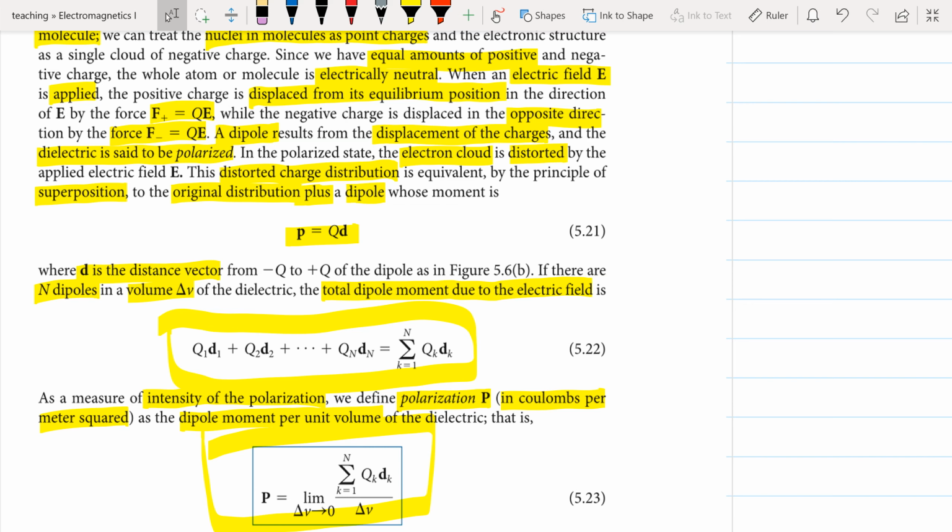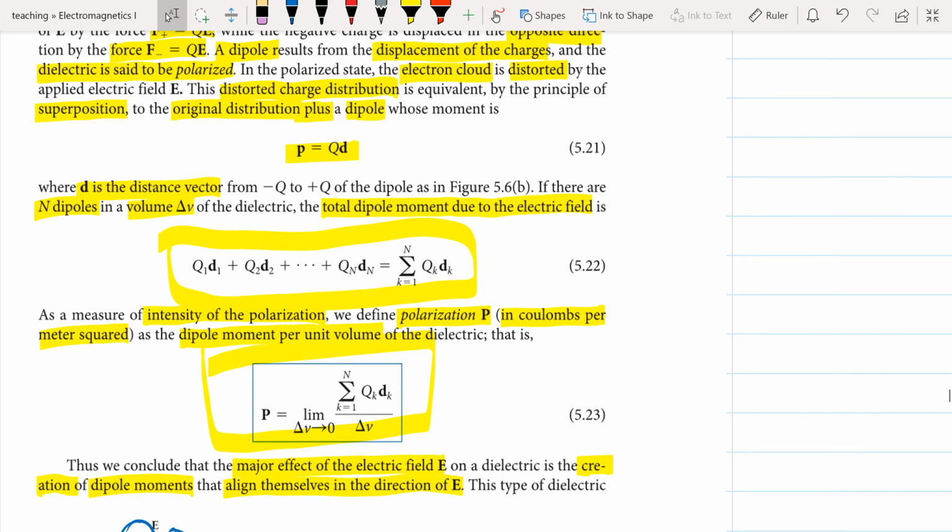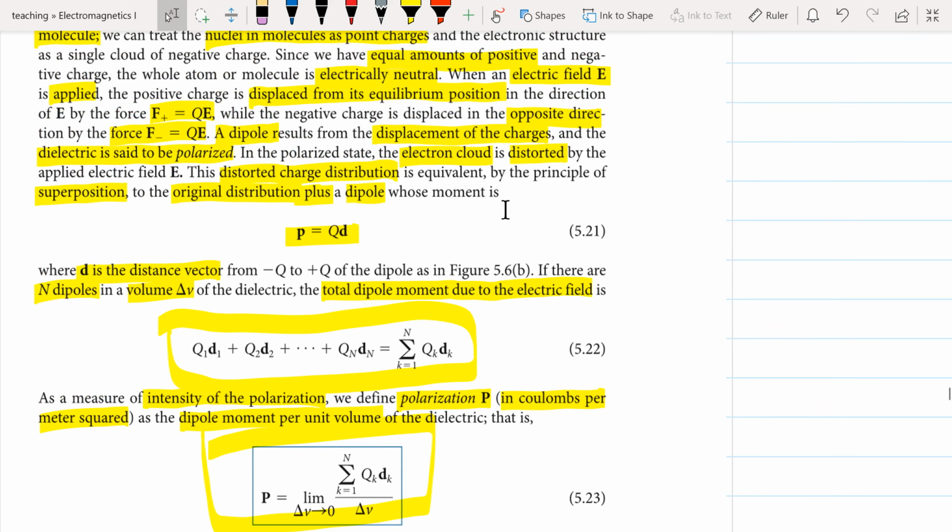Now, when an electric field is applied, the positive charge is displaced from its equilibrium position in the direction of the applied field. So the idea that we are having is quite simple.